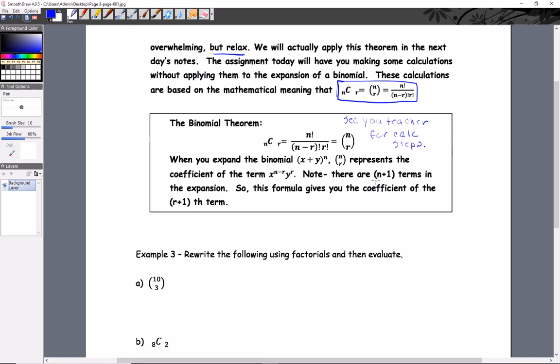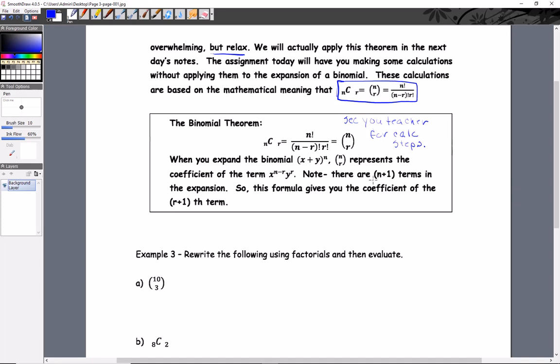Now remember, if you look back at some of these expansions, when we raised things to the fourth power, we had 5 terms. When you raise things to the sixth power, you have 7 terms. There's always an extra term, mainly because in the first term, your y piece is going to be to the 0 power.